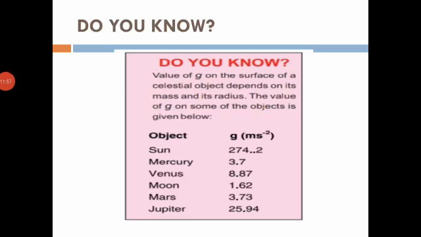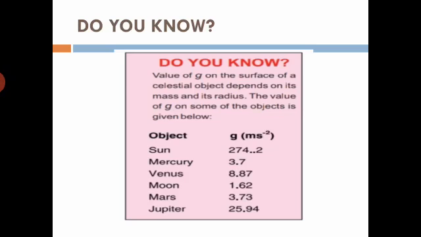Do you know? The value of g on the surface of celestial objects depends on its mass and radius. The value of g on some objects is given below. We know that the value of g is capital G times the mass of that object divided by the radius squared of that object.